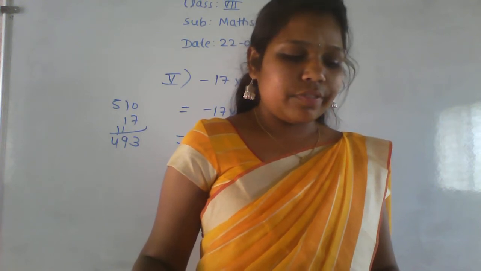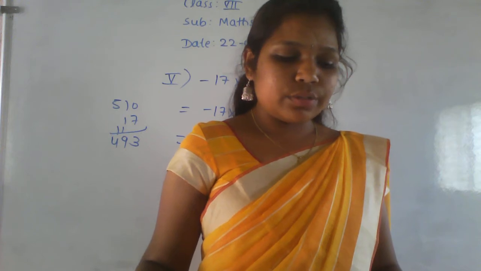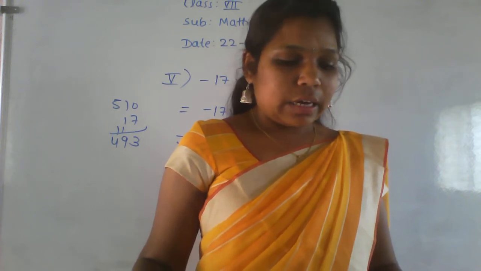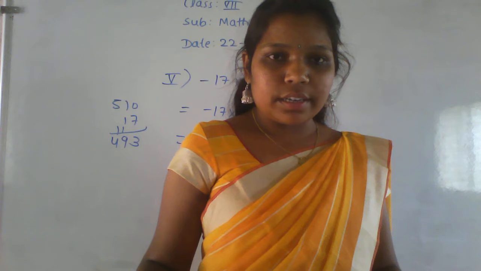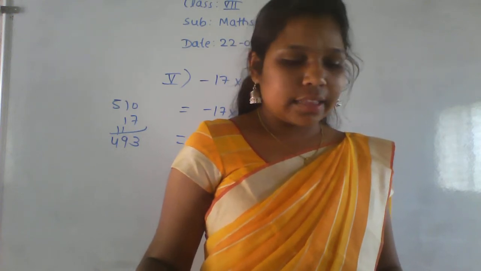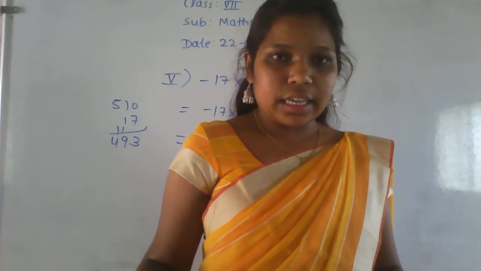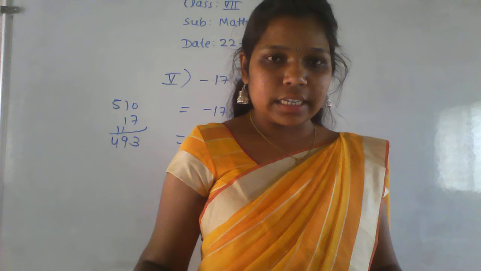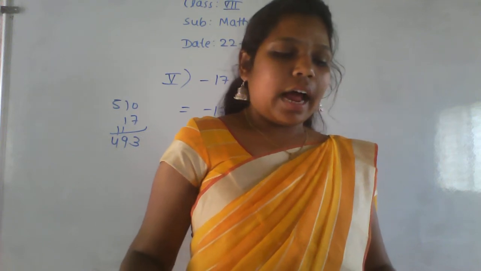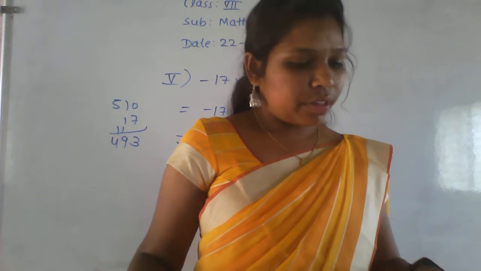Which property do you have to use here? Again use the distributive property only. 19 can be written as what here? 20 minus 1, otherwise write minus 50 minus 3. Then you add those two values, you will get minus 53, and after the multiplication, next you have to add 53.